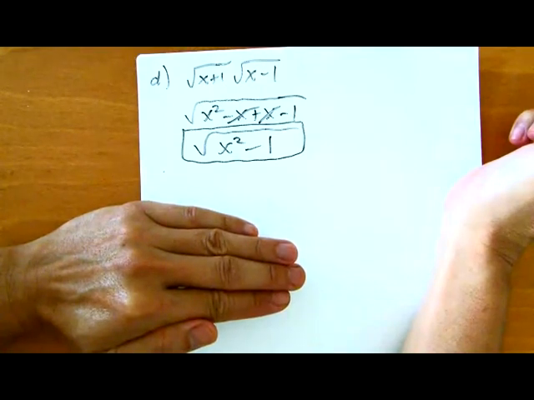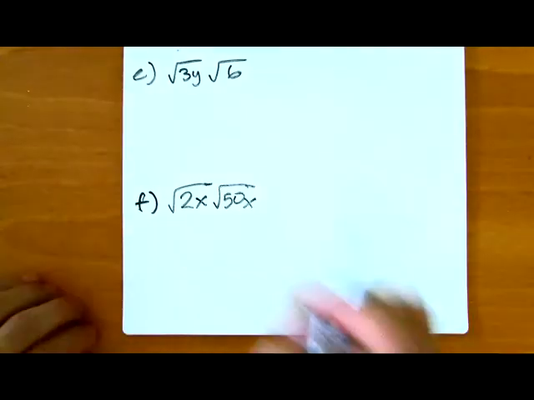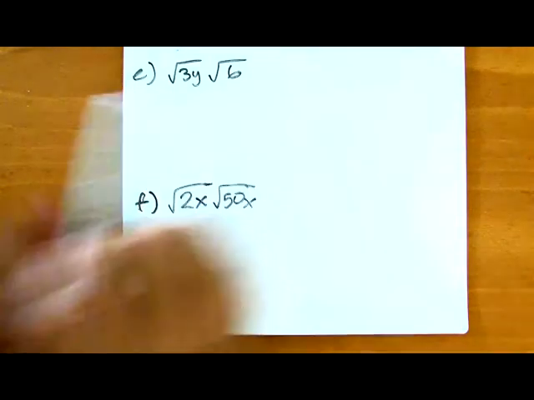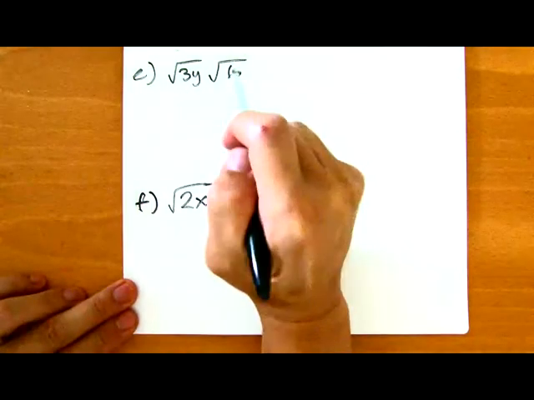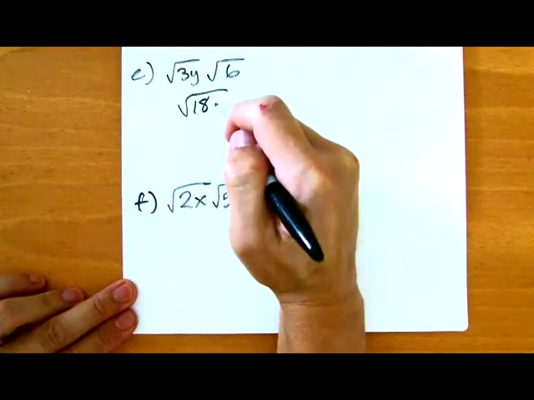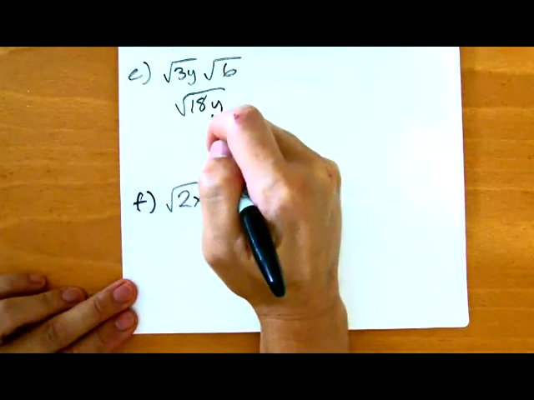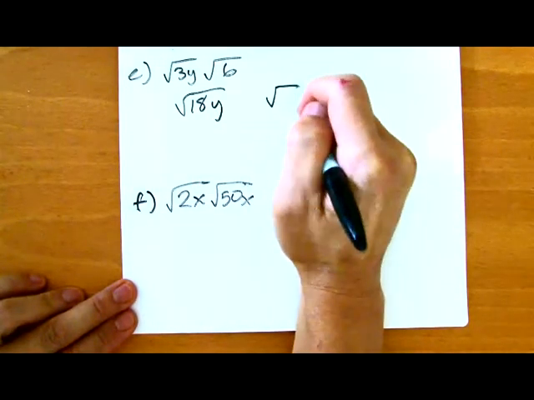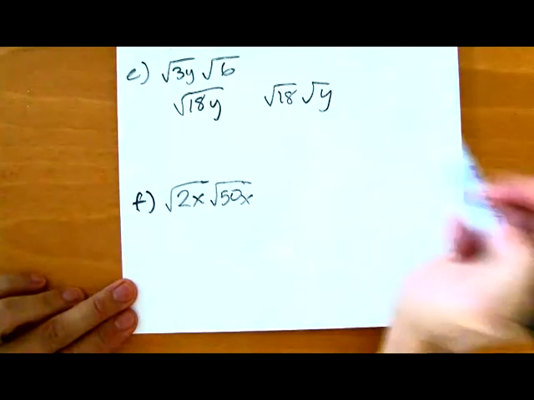Okay, let's change it up. Multiply. Radical 3y times radical 6. If we multiply, that'll give us radical 18y. I can split this up, radical 18 and radical y separately. Can we go further with either radical?